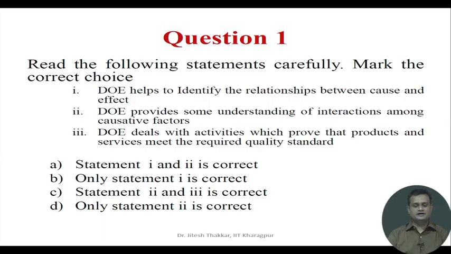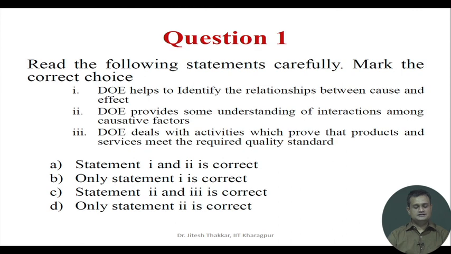Question 1, read the following statements carefully and mark the correct choice. So, there are 3 statements given. DOE helps to identify the relationships between cause and effect. DOE provides some understanding of interactions among causative factors. DOE deals with activities which prove that products and services meet the required quality standard.